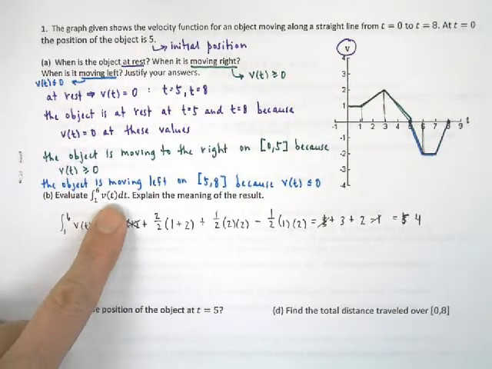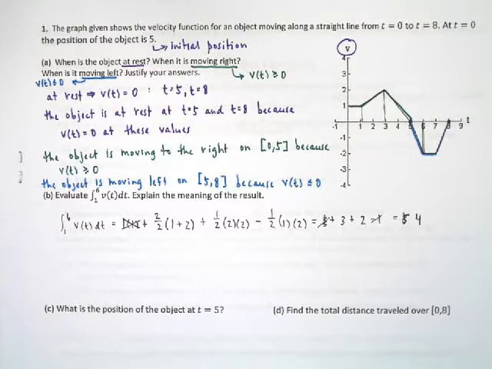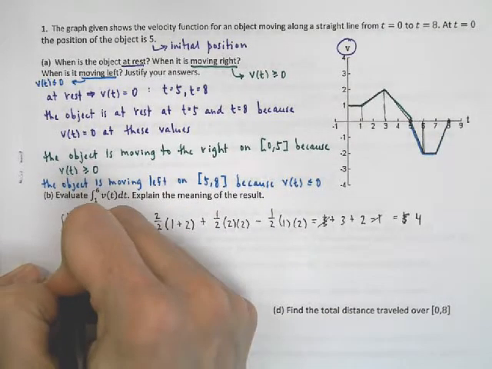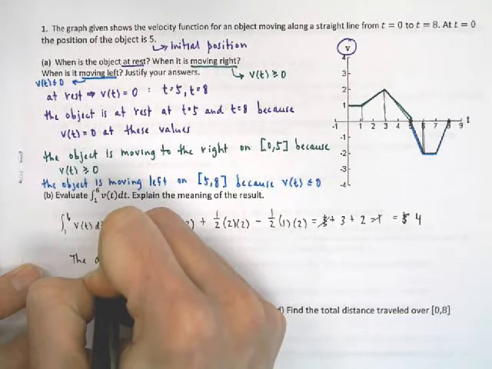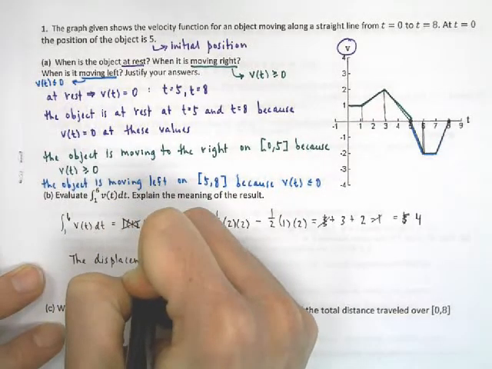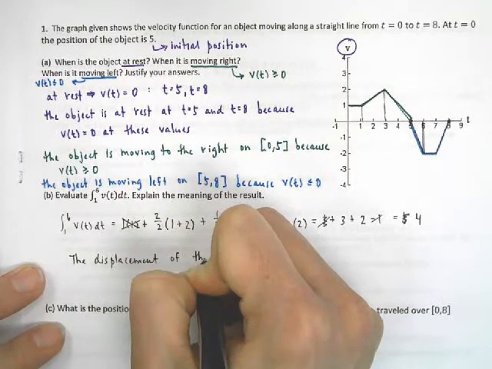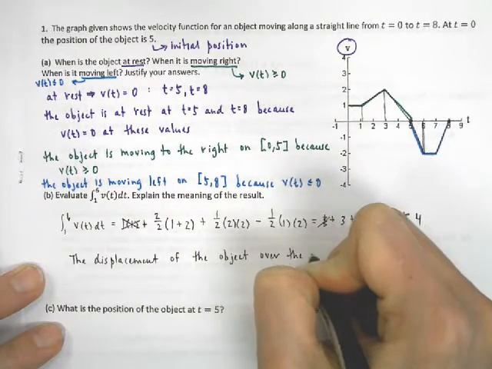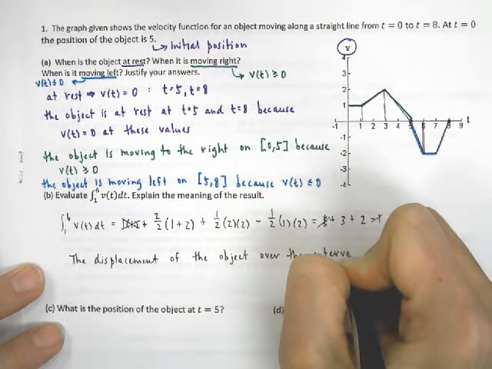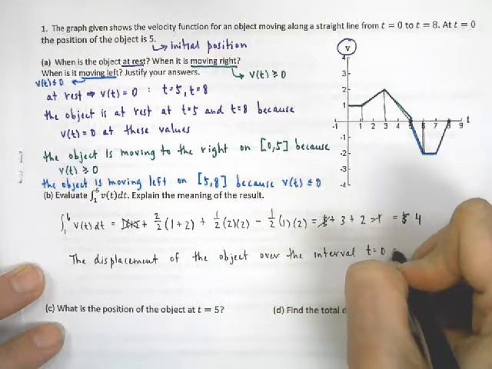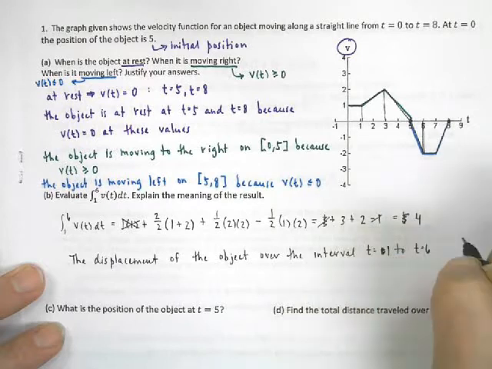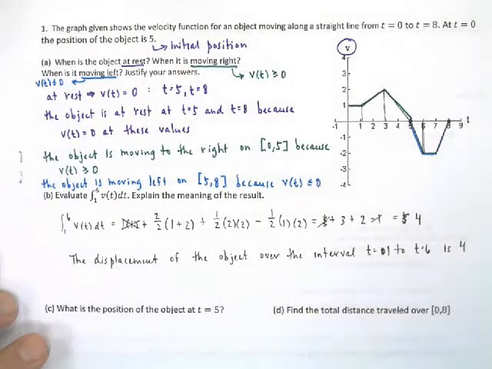Okay, now it's asking us to explain the meaning of the result. So we need to remember, we said integrating velocity, right, gives us the displacement. So that means the displacement of the object over the interval t equals 1 to t equals 6 is 4.